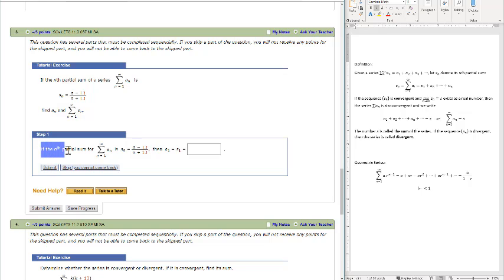Step 1, if the nth partial sum is given by s sub n is equal to this, then a sub 1 is equal to s sub 1. So that's exactly the first one. And the first one here is just the first term, and then we add up the first term. Well, there's only one term to add up, and that's when n is equal to 1.